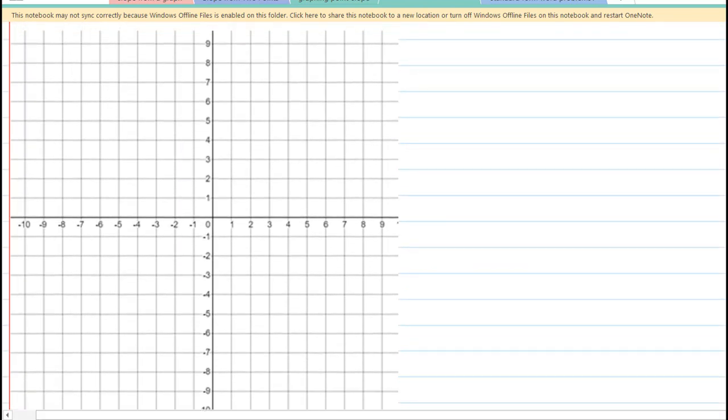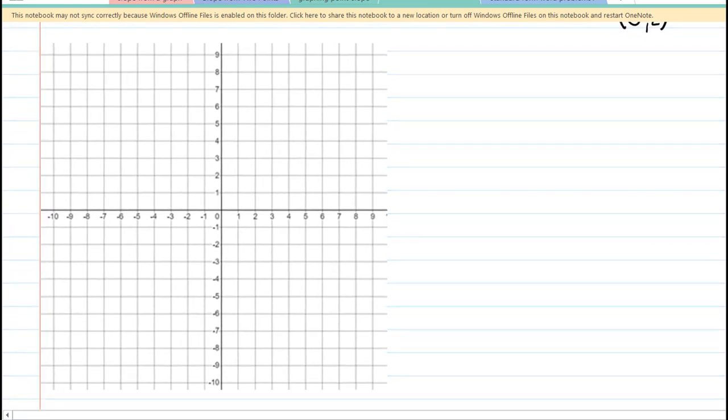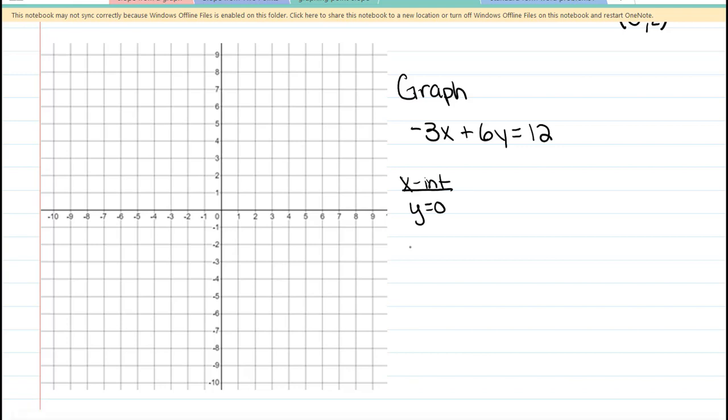All right, let's look at another example similar to that. We are going to graph the equation negative 3x plus 6y equals 12. Let's solve for the x-intercept. I know that's when y equals 0, so I will be substituting 0 for the y value.